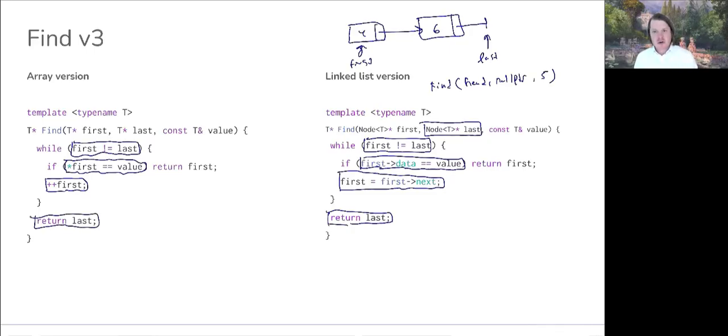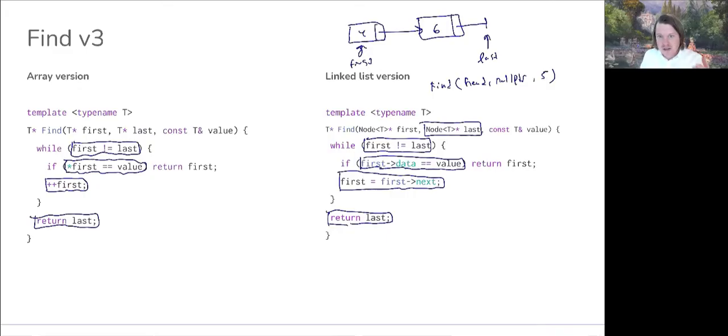This behavior is almost identical whether we're looking to find something in an array or in a linked list. The only difference is how we look at the data. In the case of the array version, we're performing a dereference on that address. In the linked list version, we're having to ask a node for its data.